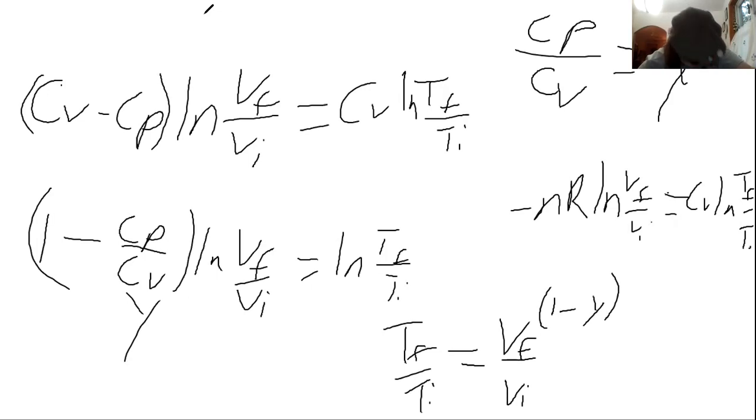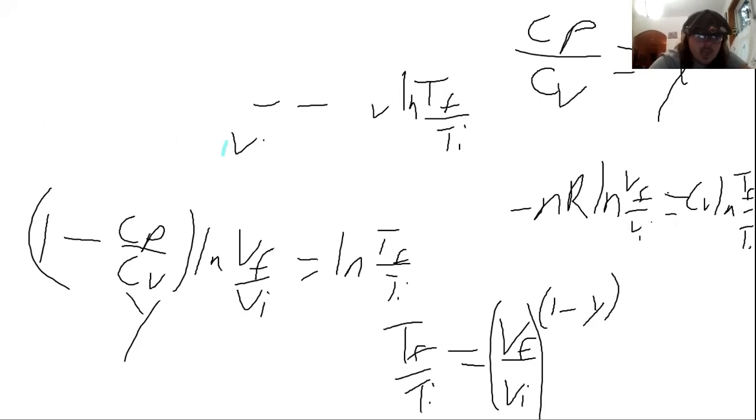What this allows us to do is to find an unknown volume if you know two temperatures, or one volume and two temperatures. Or it allows us to find a second temperature if we know both volumes and one of the temperatures.